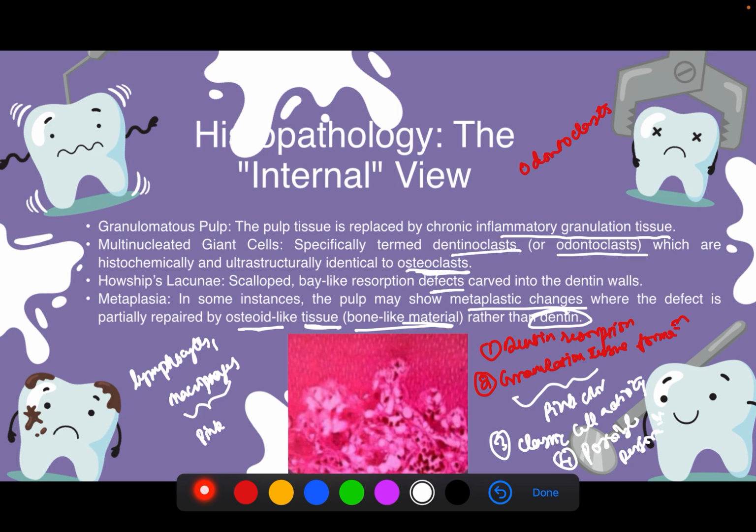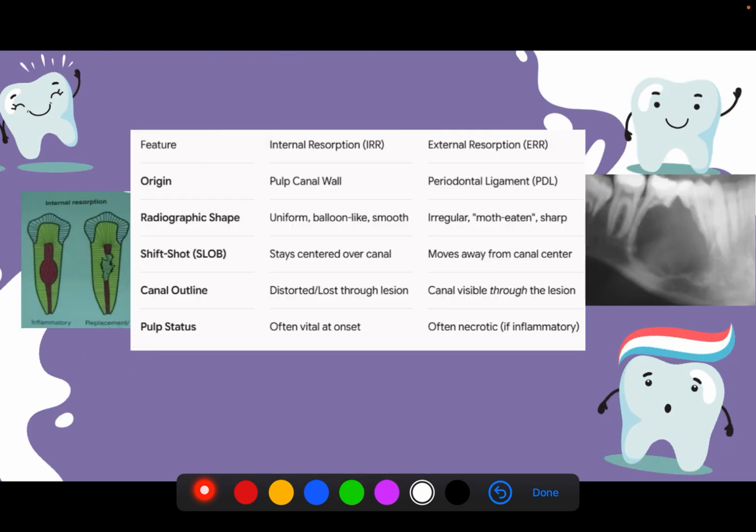Now, the next is the difference between internal reabsorption and external reabsorption. We have to clearly differentiate between these two conditions because this is a frequent exam question. Internal reabsorption: where does the origin begin? It begins in the pulp canal wall, pulp chamber, or root canal.